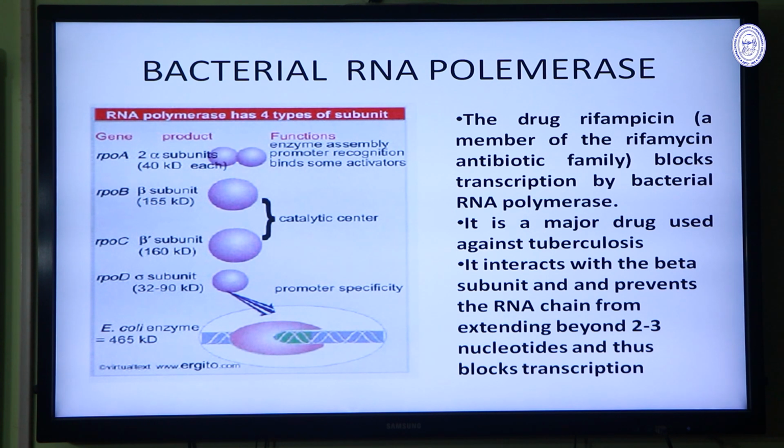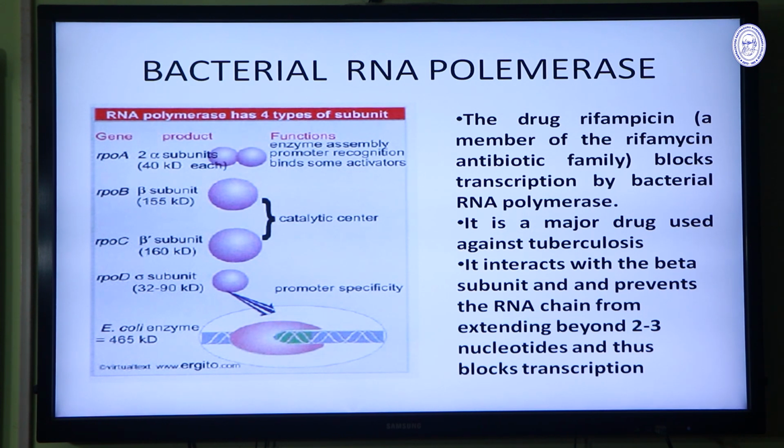Now, if we see the bacterial RNA polymerase, in the E. coli system the RNA polymerase is quite a big enzyme, and its molecular weight is almost 465 kilodalton, but it is not a single subunit protein.